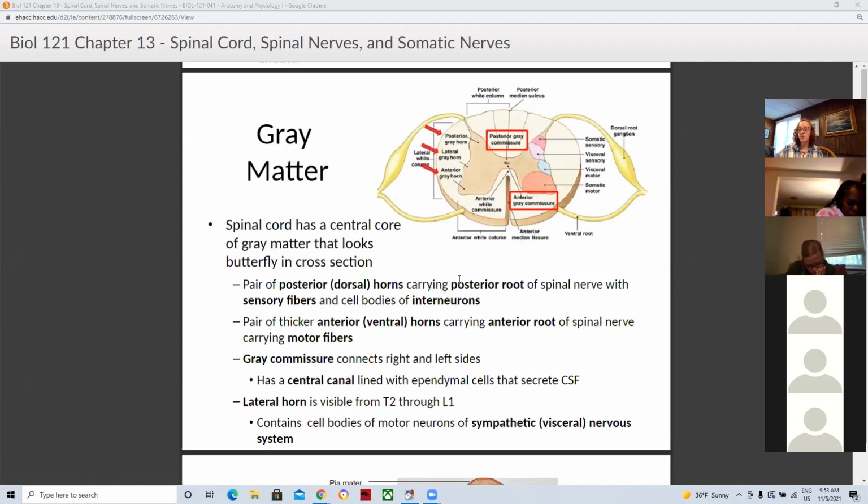So posterior horns are bringing in the sensory information, anterior horns are where the motor neurons are exiting out, and the lateral horn has the cell bodies of the motor neurons involved in the sympathetic autonomic nervous system, your fight or flight response.